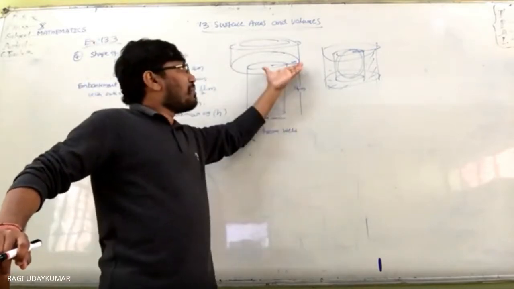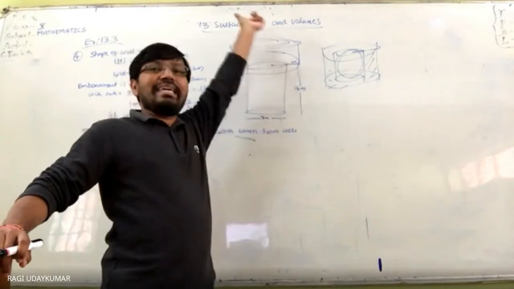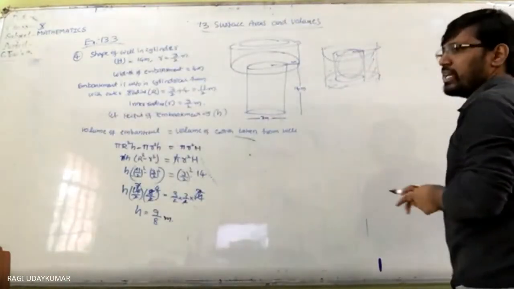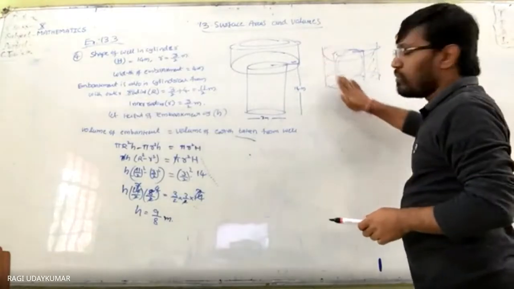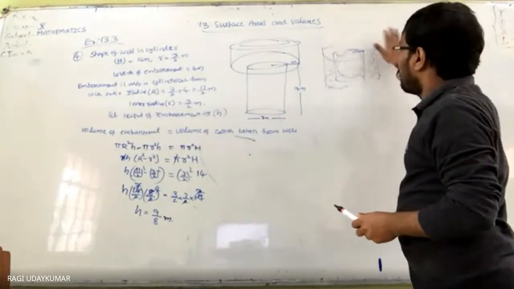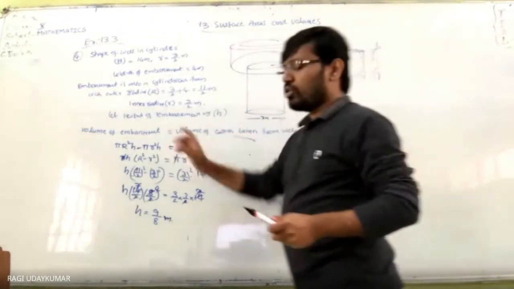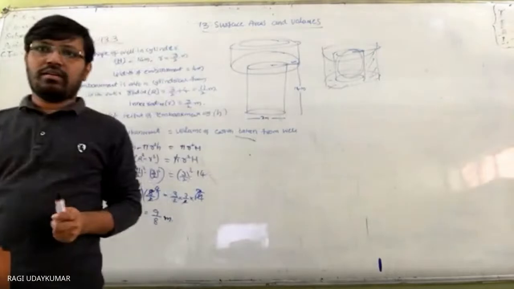The outer part is one cylinder, the inner part is empty, and in between the empty part is the mud. So to find out the value of the mud, it is the value of the outer cylinder minus the value of the inner cylinder. That only is taken into consideration.